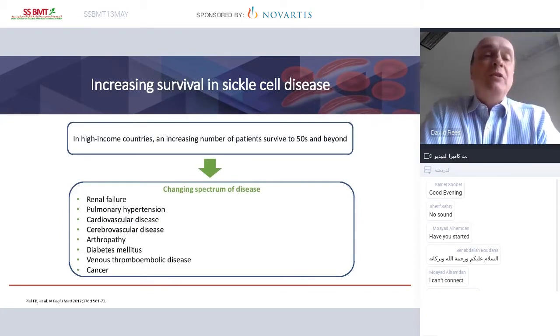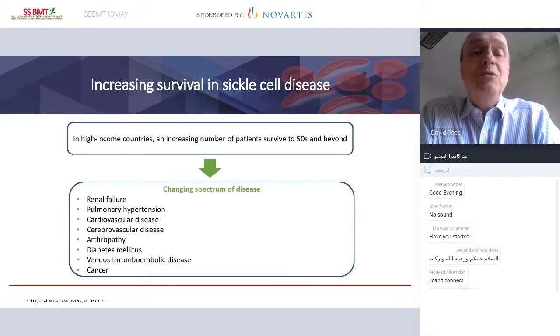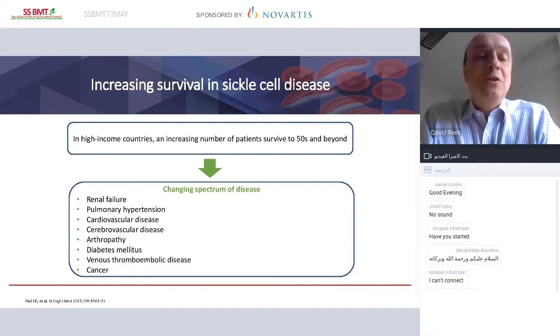One of the consequences of increasing survival in high-income countries, and I think probably the Middle East, is a changing population: there is now quite a big population of patients living over the age of 50, and they come with a significant burden of disease that is not the typical pattern of sickle cell disease, related primarily to organ damage and organ failure.